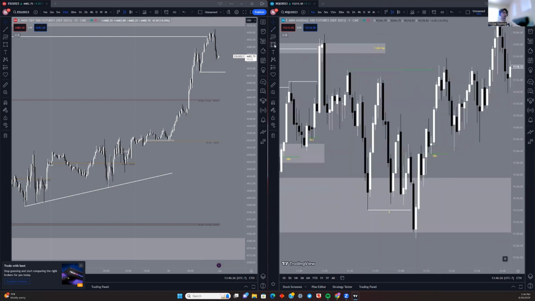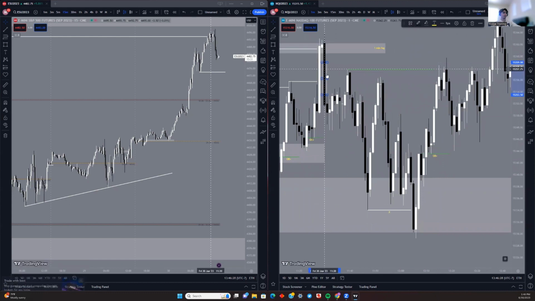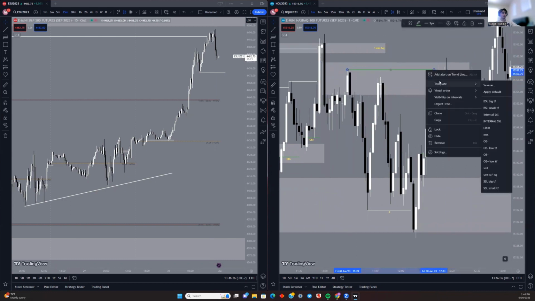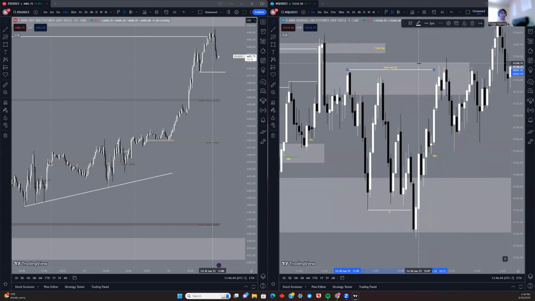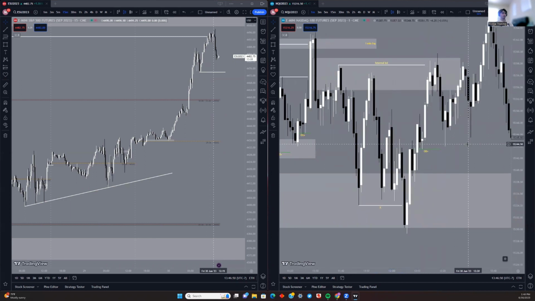Right. We also have this fair value gap here, which is why I'm not going to target this high here, because I'm only looking for the internal liquidity, basically just trying to get out at a potential turtle soup, which is something that could have happened here.